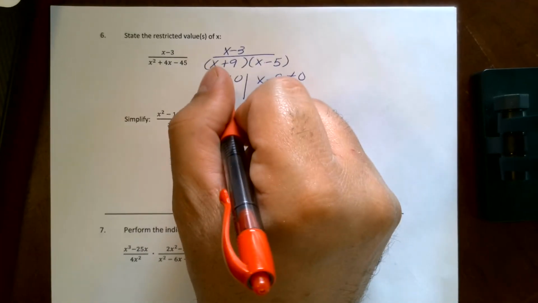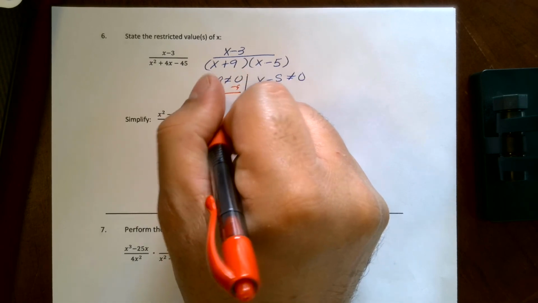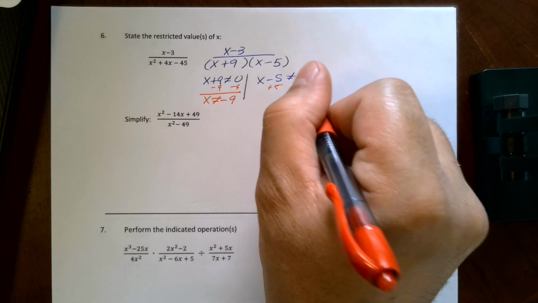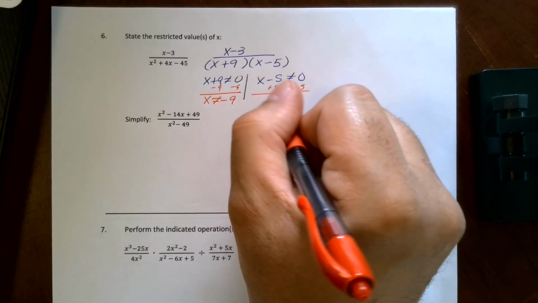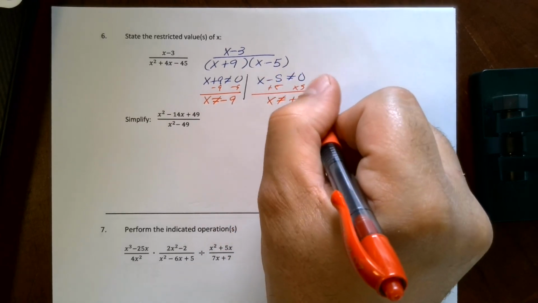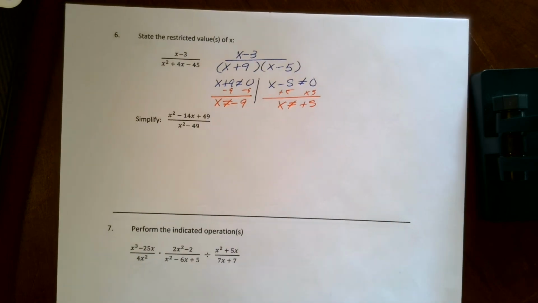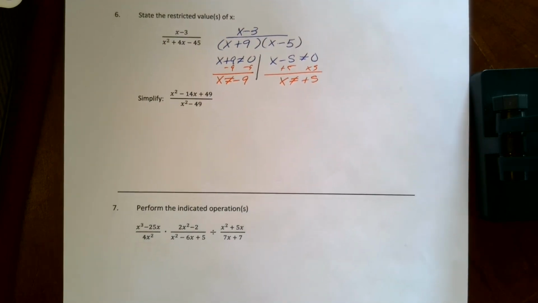Now if I subtract 9 from both sides, then x cannot equal negative 9, and x cannot equal positive 5. So my restrictions are x cannot equal negative 9 and x cannot equal positive 5, because if I substitute either of those into this expression, I'll get 0 in my denominator, which is an undefined value. And that's what I don't want.